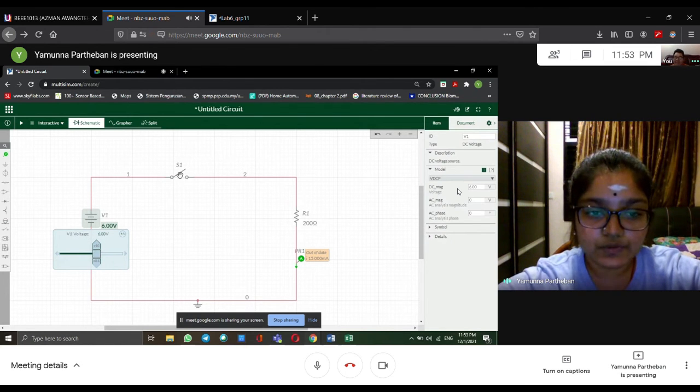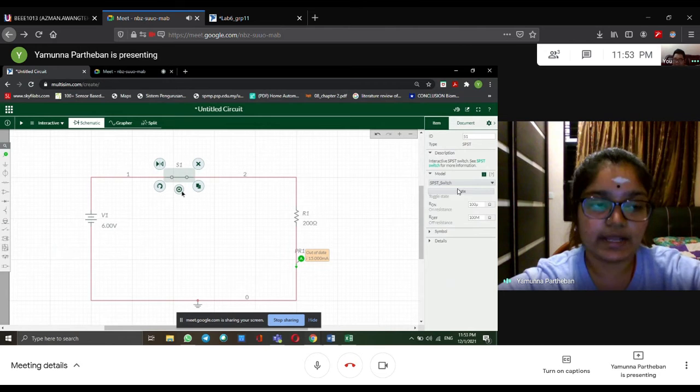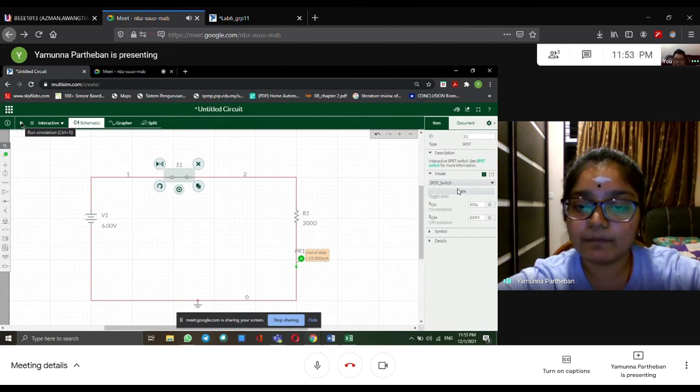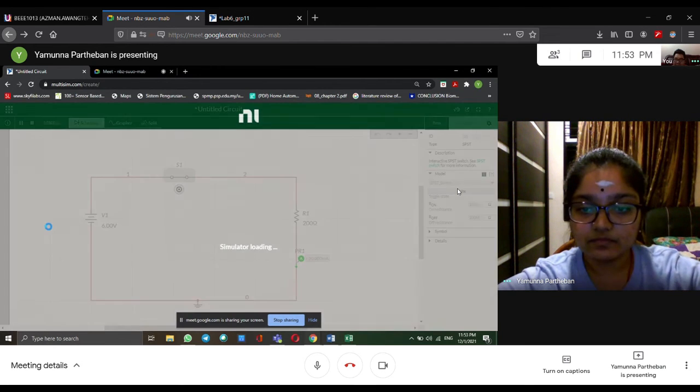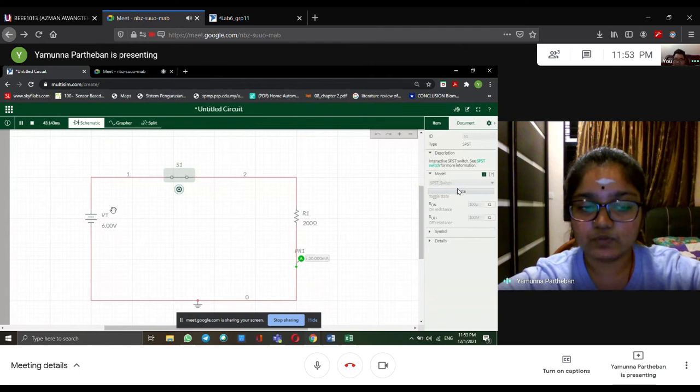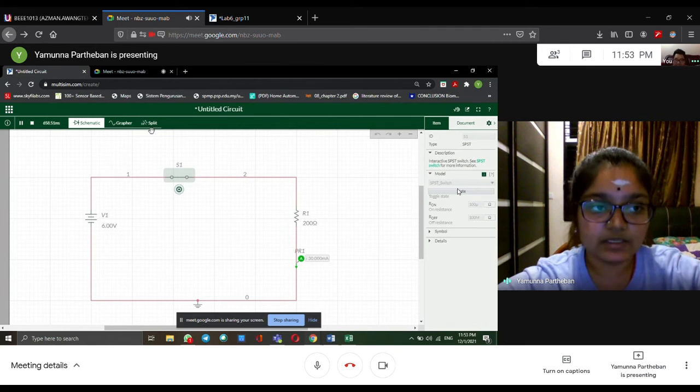I will switch on the switch and run this to show the value of the current. So we got 30 milliampere, which is similar to the table that we have gotten.